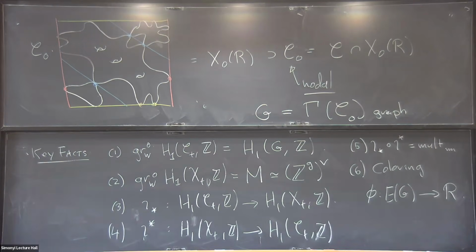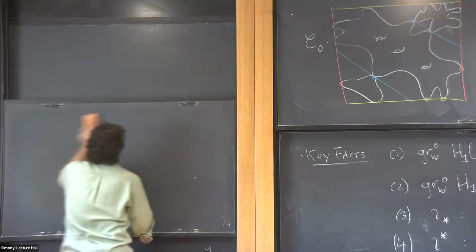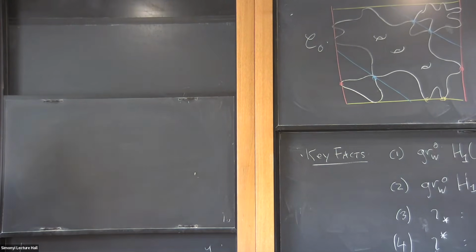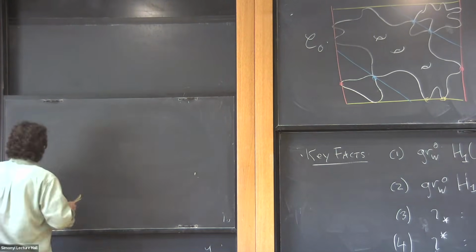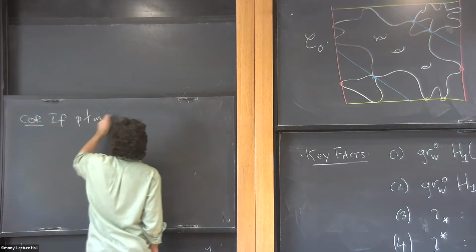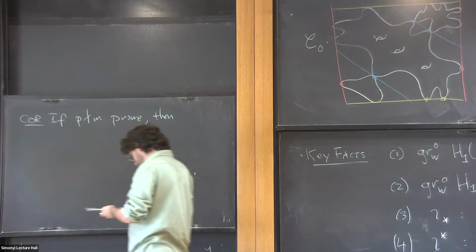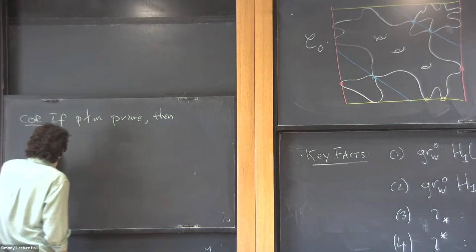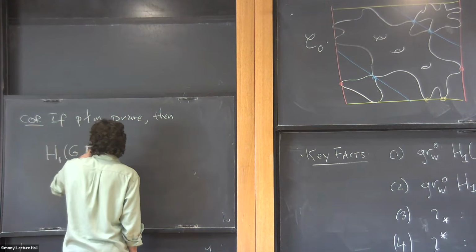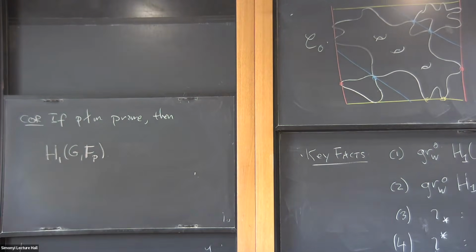And now this data allows us to deduce the following corollary. So corollary: if P, a prime number, does not divide M, then we actually get a splitting of H1 of G. Now, instead of taking coefficients in Z, I'll take coefficients in the field F_P.